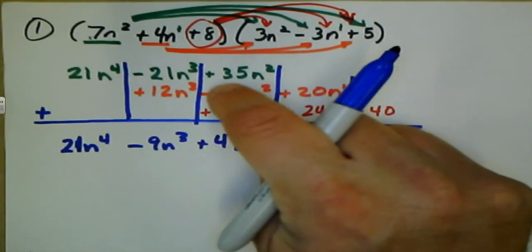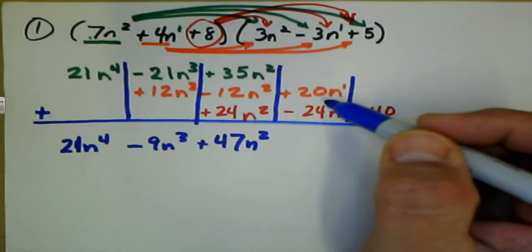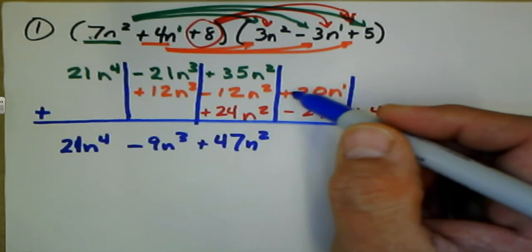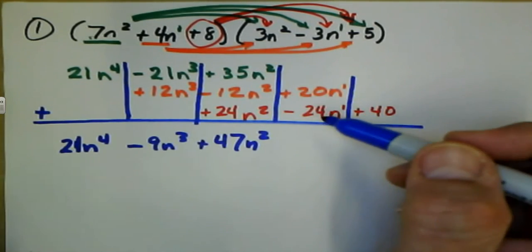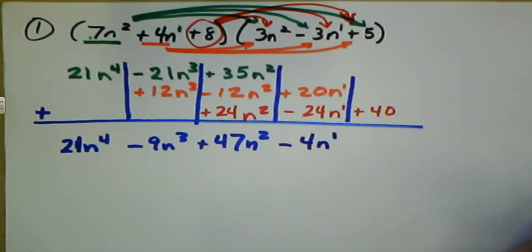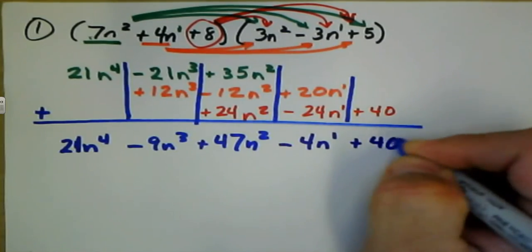Just take that 35 minus 12 plus 24 and you'll get your answer, 47. And then 20 plus negative 24, either way you choose to do that, it's still going to come out as negative 4n to the 1st. And then nothing to add to the 40.